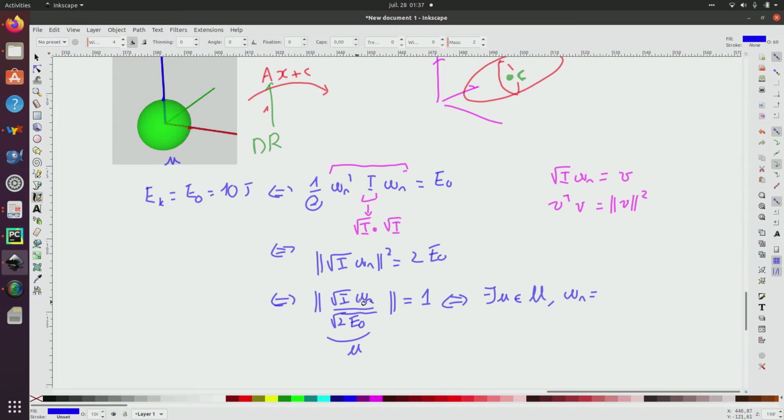I conclude that omega r can be expressed with respect to U like this: the square root of 2 E0, multiplied by the inverse of this matrix, multiplied by U.